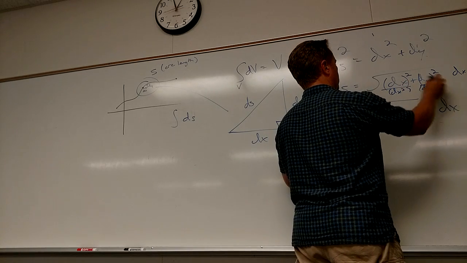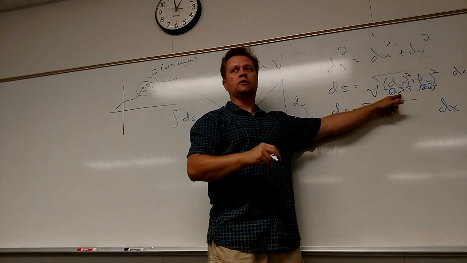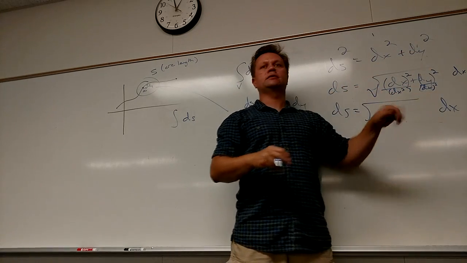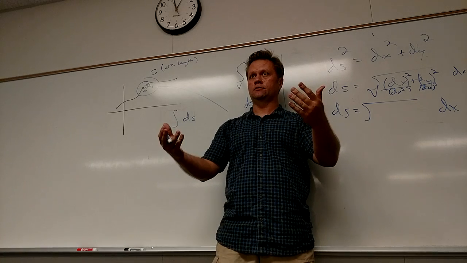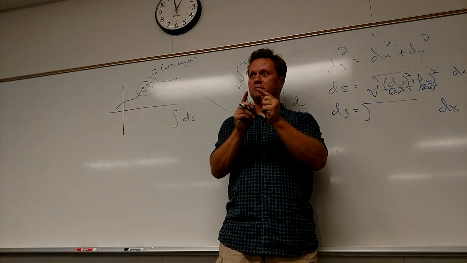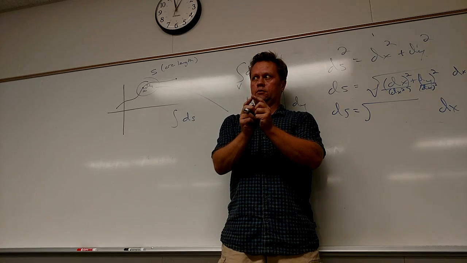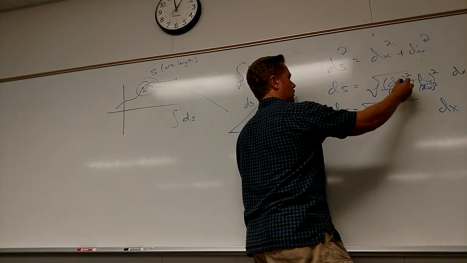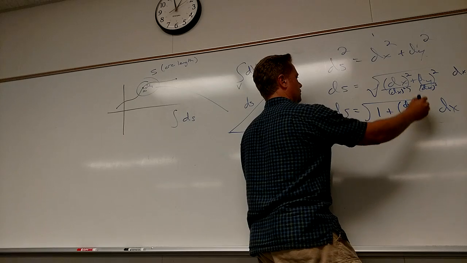So I balanced everything. Because what's the square root of dx squared? dx. So I multiply top and bottom by dx. Am I allowed to do that? Oh, hell yes. Because dx won't be 0. It's some finite value, right? So then what do I get here? I get 1 plus (dy/dx) squared.